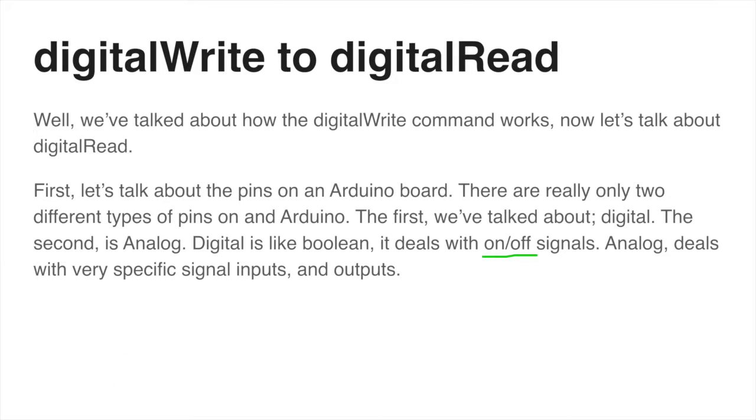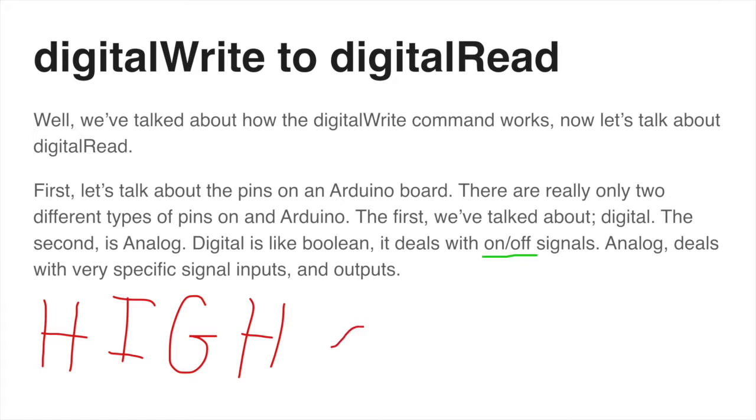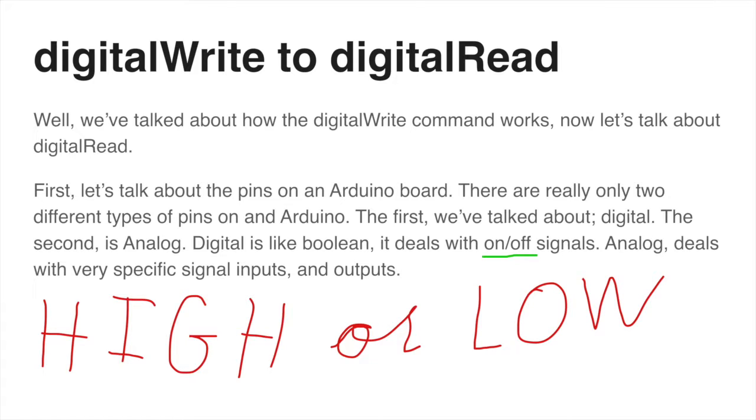In this case, because we're talking about an Arduino, what are the 2 types of things we have with digitalWrite and digitalRead? We talked about this on the last slide. For digital, it's either HIGH or LOW. Those are the 2 options we get.